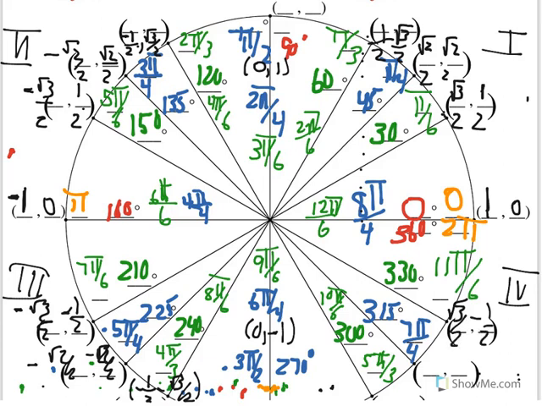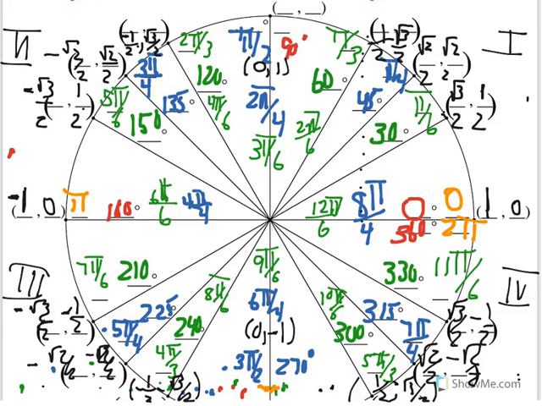And then for our 45-degree, which is 315 in this case, is going to be square root 2 over 2, negative square root 2 over 2, because the y's are negative in the fourth quadrant. And then at 300, it's going to be positive 1/2, comma, negative square root 3 over 2. Okay, and that's your ordered pair.